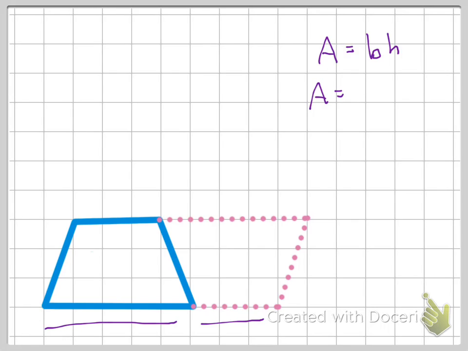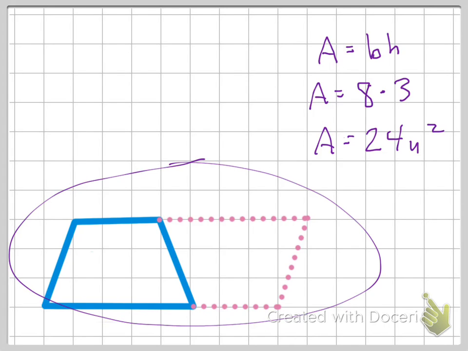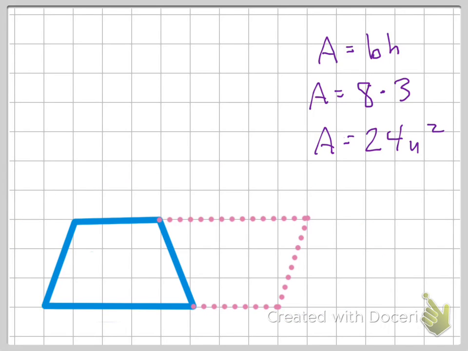So the entire base is 8, and the height is still going to be 3. So the area is going to be 8 times 3, which would of course be 24 units squared. Now, what we just found was the area of this entire parallelogram. We found the whole thing. But we just want to find the area of this trapezoid.